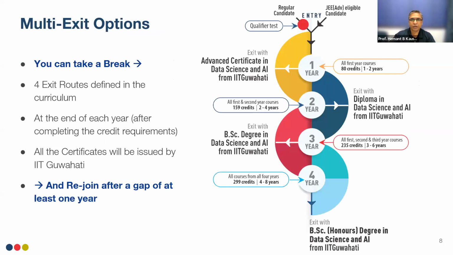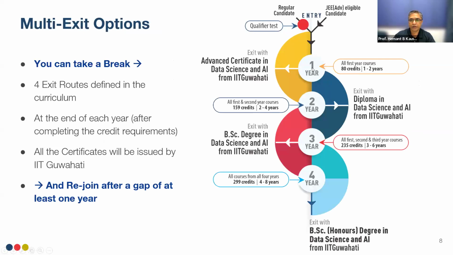So let's say you enter as a regular candidate, then you need to appear in a qualifier test. If you are entering as a JEE Advanced eligible candidate, you don't have to take the qualifier test. You directly come and take admission in the program.